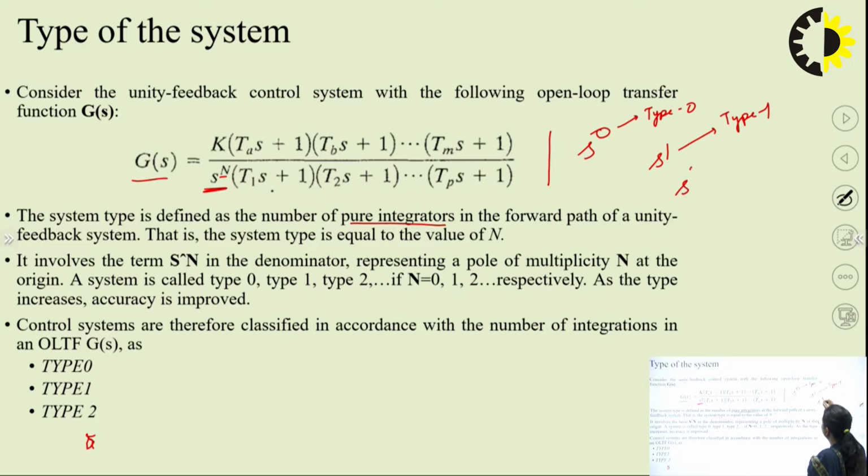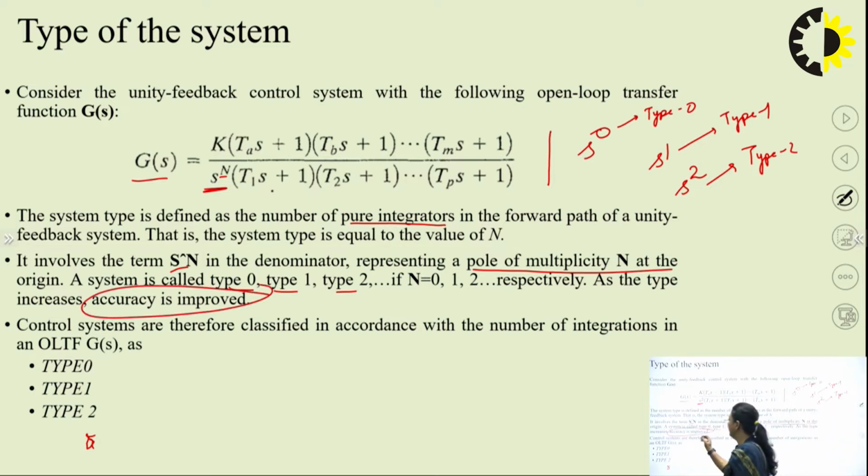If the value of n is 2, that defines 2 poles at the origin, and this is a type 2 system. So s raised to the power n represents a pole of multiplicity n at the origin. Depending upon this, we can call type 0, type 1, type 2 and so on. As the type of the system is increased, the accuracy of the system also improves.